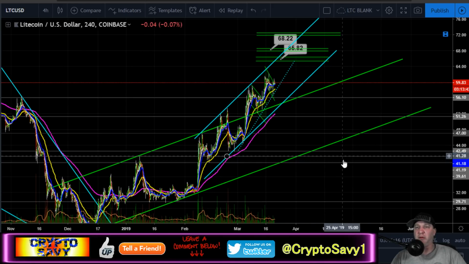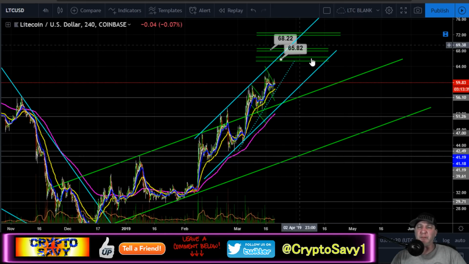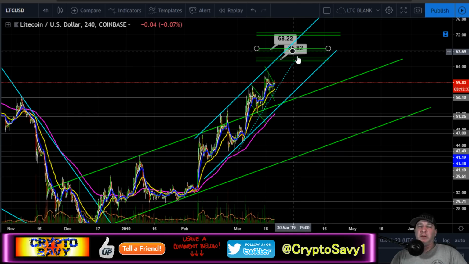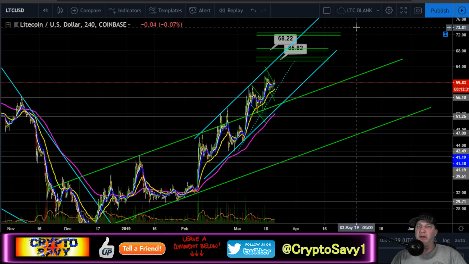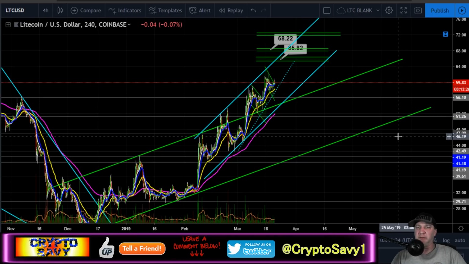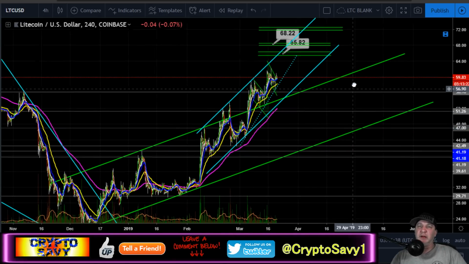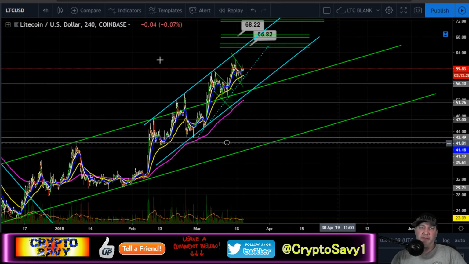So if we go down below 4110, this is all invalid. But anyways, I do believe, if this was wave 1, 2, 3, 4, and then we get a wave 5, that would be a macro 1, and then we would get another correction for wave 2. So anyways, that's just my theory as of now.